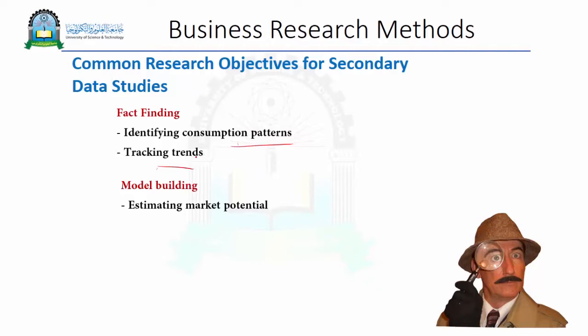Model building, so estimating the market potential. This is also one of the objectives that can be fulfilled by collecting secondary data. Forecasting sales also, and doing what we call in statistics modeling: forecast the sales for the next years, depending on the sales of the last 3 or 4 or 5 years.